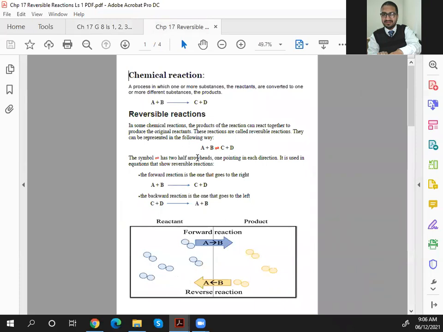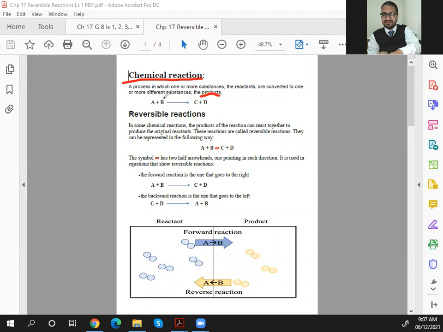From here, my dear students, you can see what a reaction is. The first thing you should know is that a chemical reaction is a process in which one or more substances, the reactants, are converted into one or more different substances, the products.